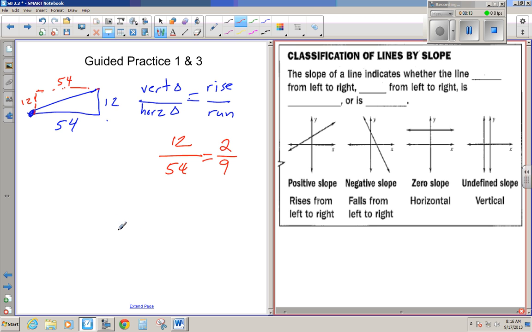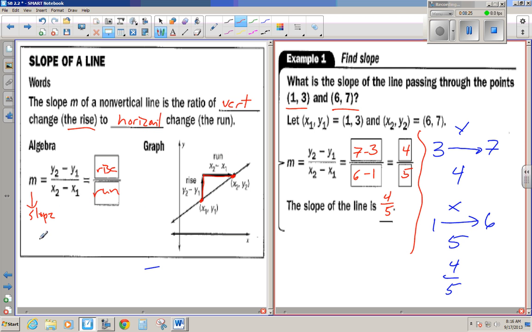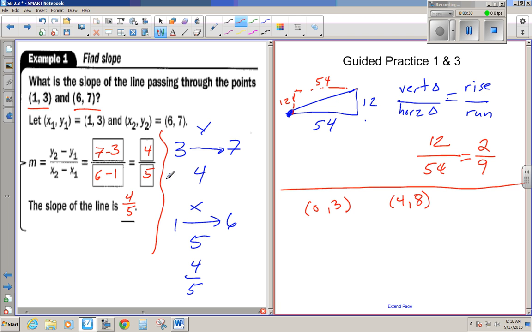Number 3, this tells us to use the slope. Find the slope between (0, 3) and (4, 8). So you'll go back to this example that we did here. You can use the formula and say y2 is 8 minus 3 over 4 minus 0, that becomes 5/4.